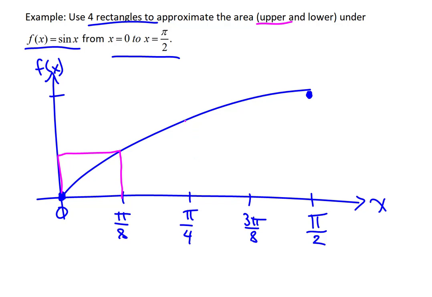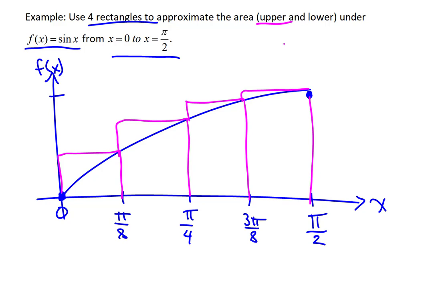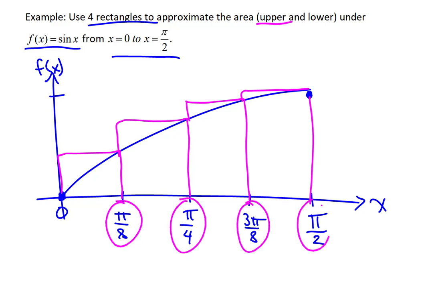Of course, this works with increasing functions because the right boundary of an increasing function over an interval will always be higher than the left boundary. So we could use right boundaries for this upper estimate of all these rectangles. We'll do that in this pink color. And notice then that the height of all these pink upper estimated rectangles is going to be the function output at the right side of each interval.